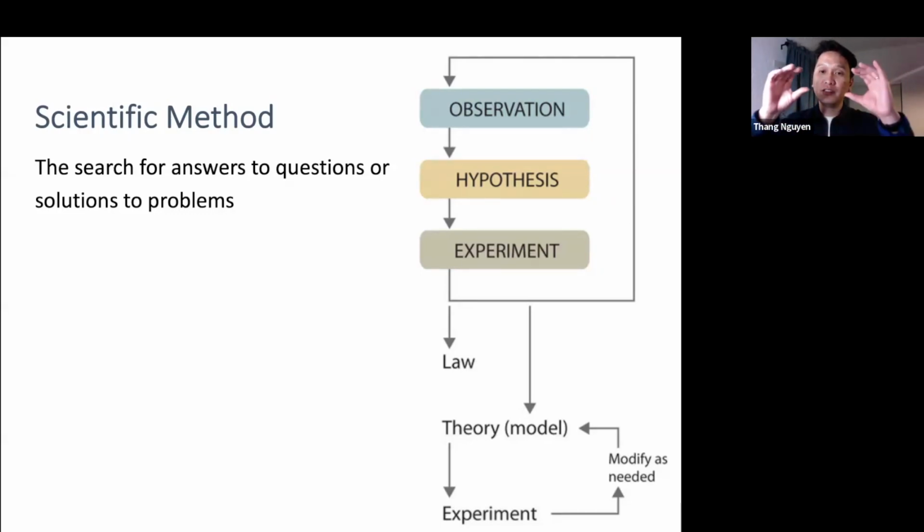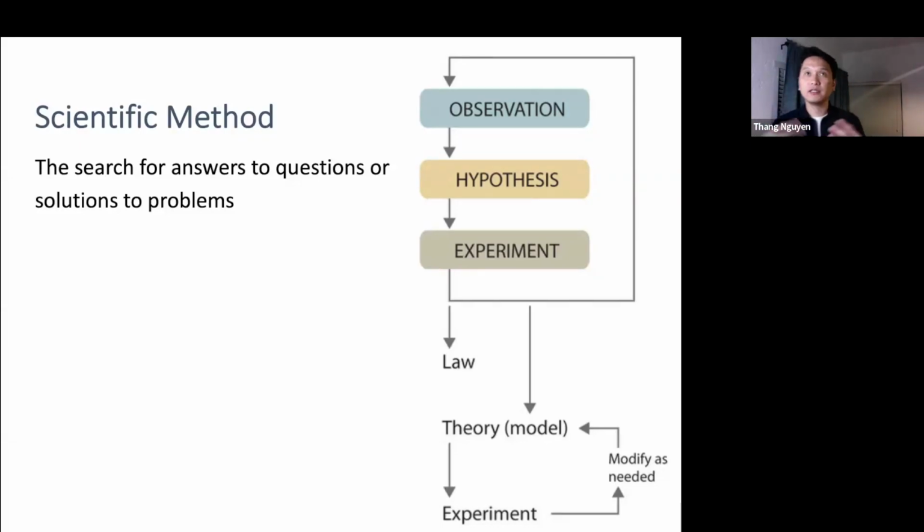But basically, the first thing is you make observations about the natural world. After you make the observations, you try to explain it with an educated guess called the hypothesis, right? With the hypothesis, then you want to test it out, right? So we want to then do experiments. After you do the experiment, you analyze your data, and then you ask, is the hypothesis correct?